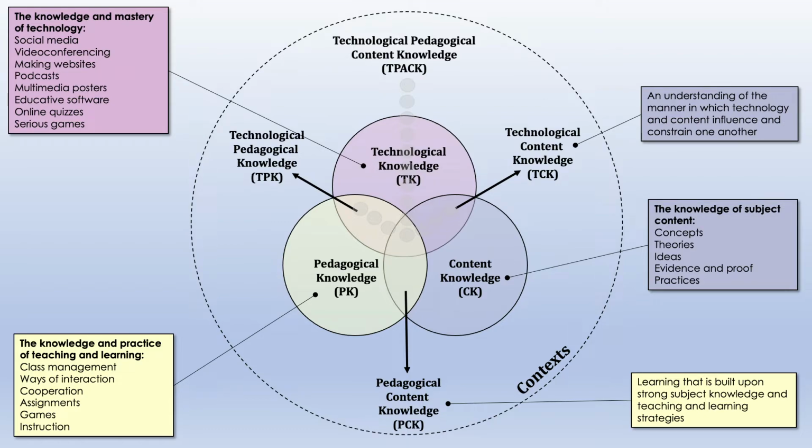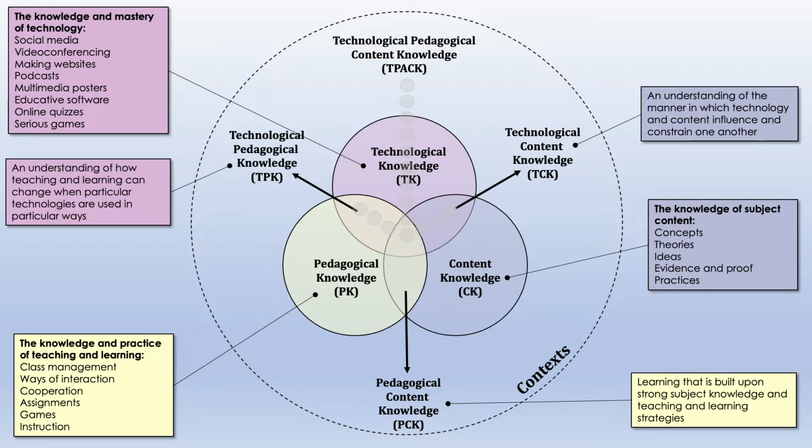The second overlap is the technological content knowledge. The technological content knowledge is about an understanding of the way technology and content influence and constrain one another. It is important to master more than just the subject matter, but also to have a deep understanding of the way the subject matter can be changed by the application of particular technologies. Which technologies are best suited for addressing subject matter learning, and how content dictates or perhaps even changes the technology.